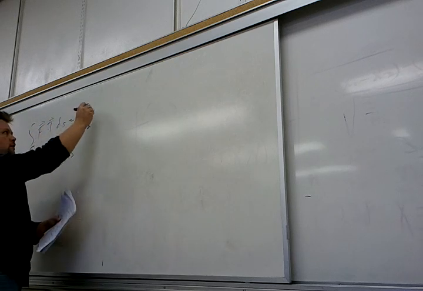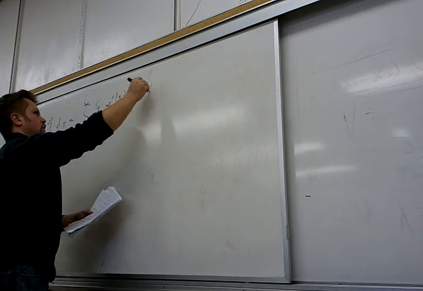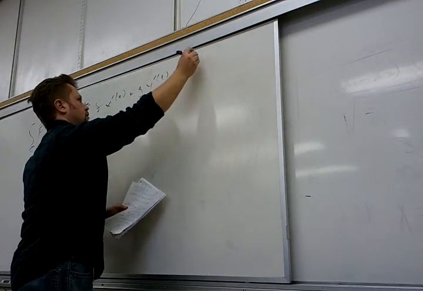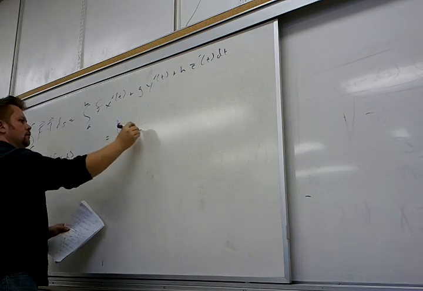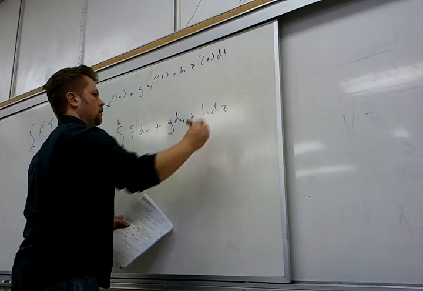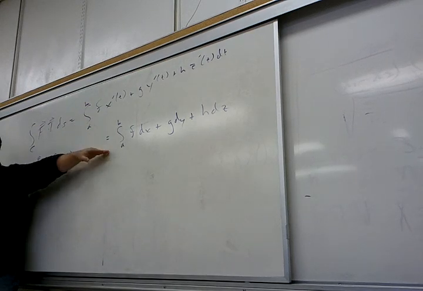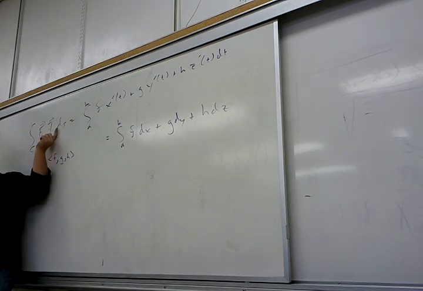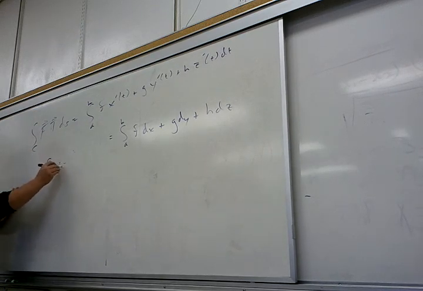So this would be, assuming it's FGH, F x prime plus G y prime plus H z prime, which is also the same thing as this. So each of these three are the same thing. And this way is the way that we normally do it. And actually, we write this a little bit differently sometimes. We write this as F dot dr.